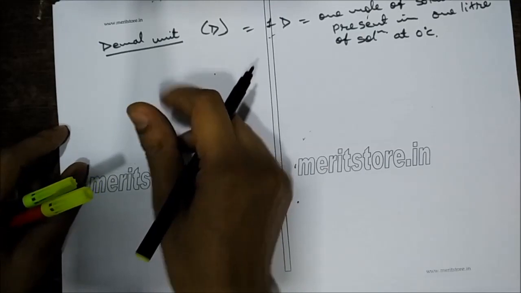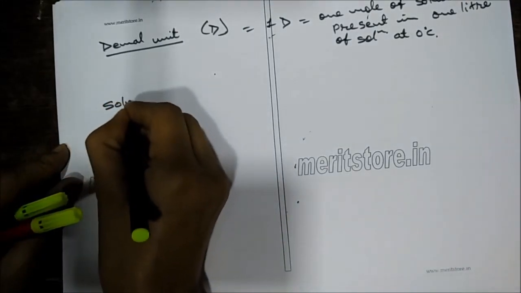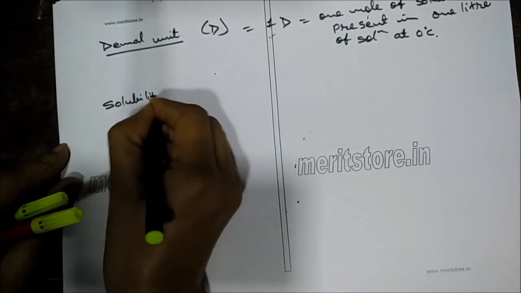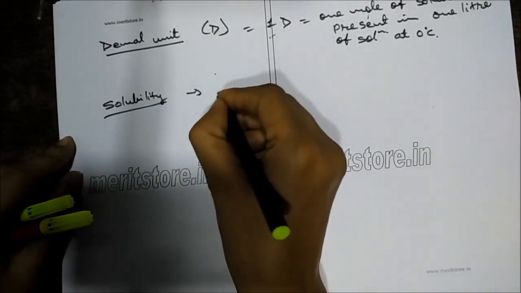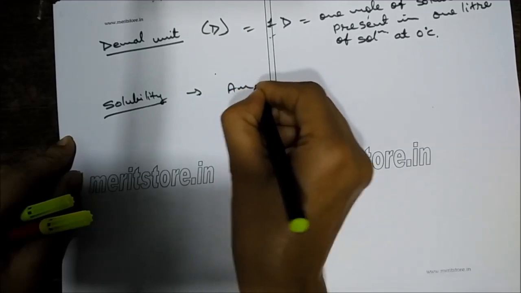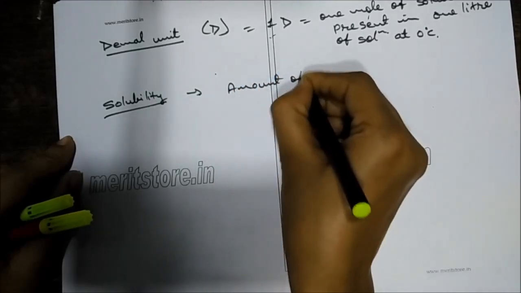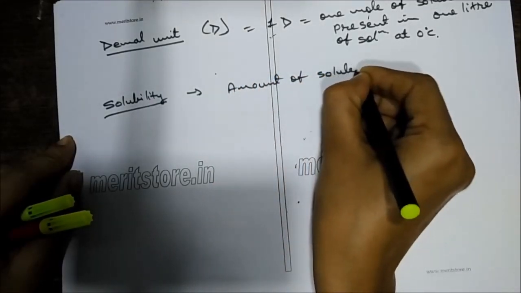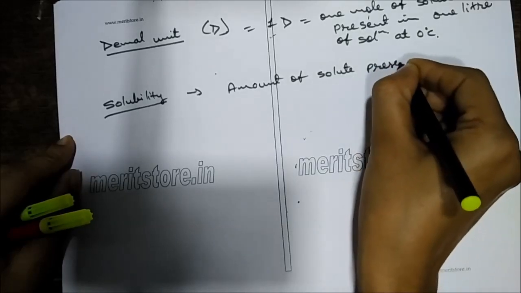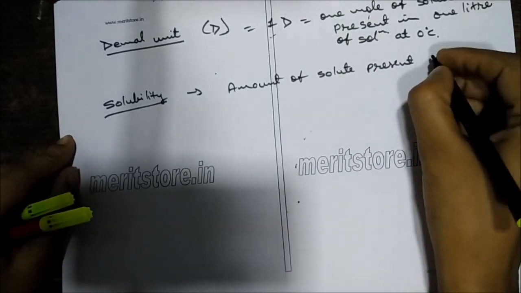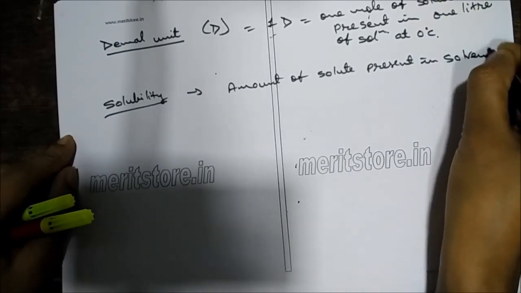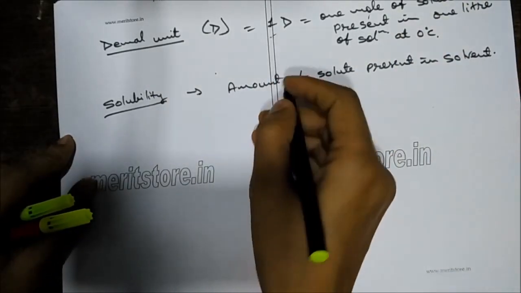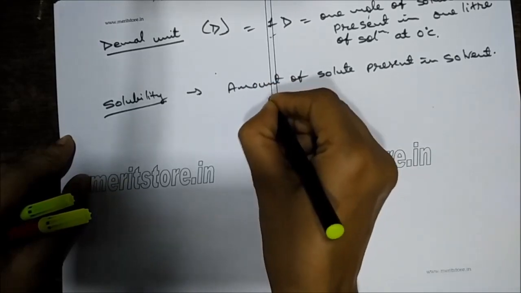Now the solubility. What is solubility? Solubility is the amount of solute present in solvent which is completely dissolved.